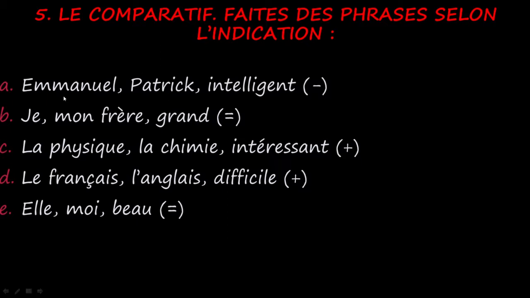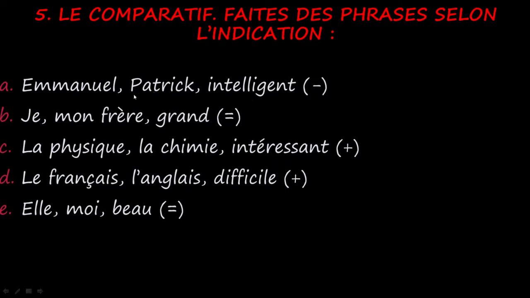So in French, we'll be writing Emmanuel est moins, M-O-I-N-S, intelligent. So the adjective comes then. Then comes que Patrick. Emmanuel est moins intelligent que Patrick.